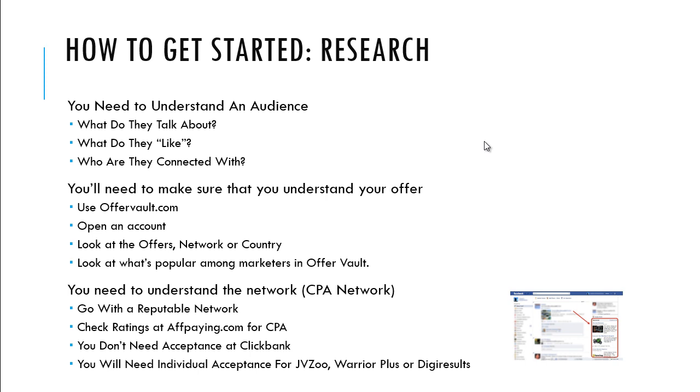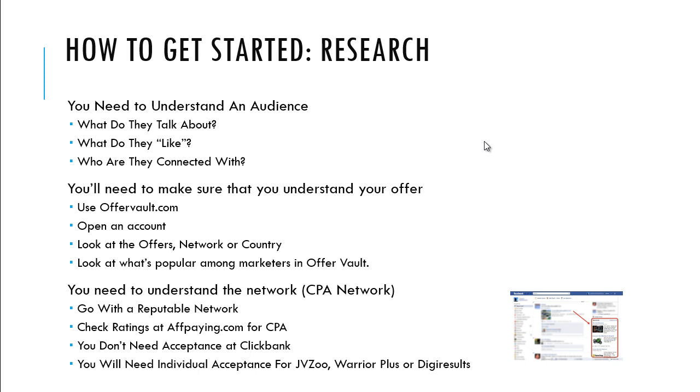You can pretty much rely on JVZoo and ClickBank. Now, that doesn't mean that there aren't unscrupulous characters there. However, for the most part, when a customer buys an offer, they're going to get what they paid for, and it's going to get delivered, and you're going to get paid directly from the product creator.